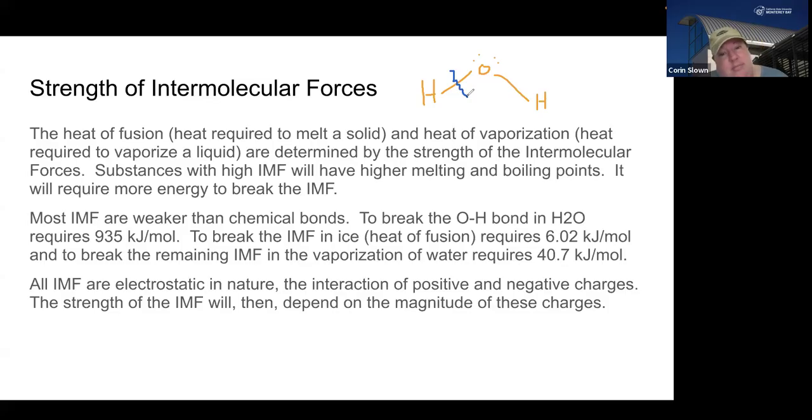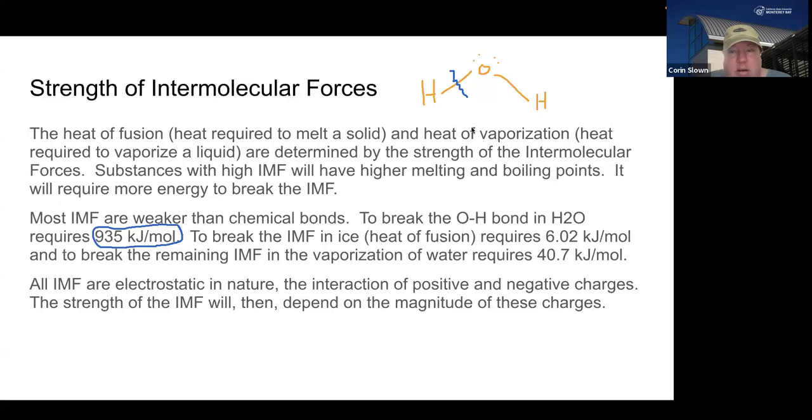If I wanted to break the bond in ice, the heat of fusion, that's only going to be 6.02 kilojoules per mole. And if I wanted to break the remaining intermolecular forces in the vaporization of water, that's 40.7. So this is what we think of as the conventional covalent bond. That has a very high energy in order to break the bond. Intermolecular forces are weak by comparison.